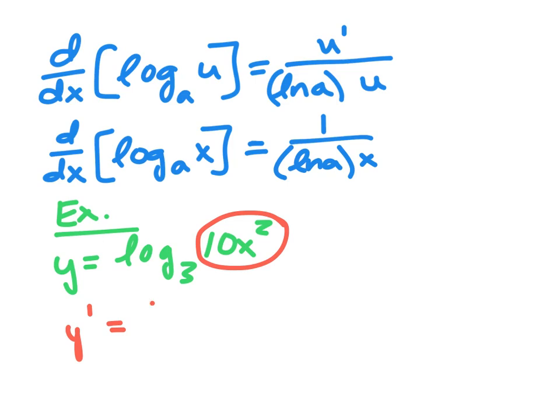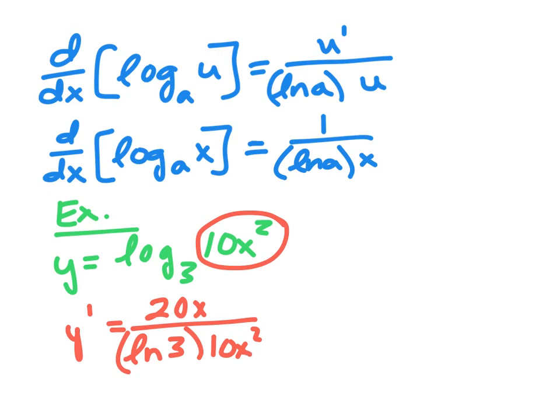The derivative of 10x squared is 20x over the natural log of the base, which is 3, times my u, which was 10x squared. And of course I could simplify this. I can reduce that to 2 over ln 3 times x. But if you're not required to simplify, you're perfectly fine leaving it with the first answer.